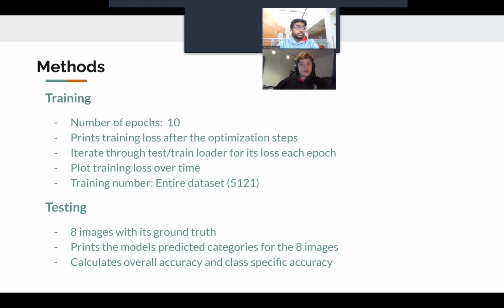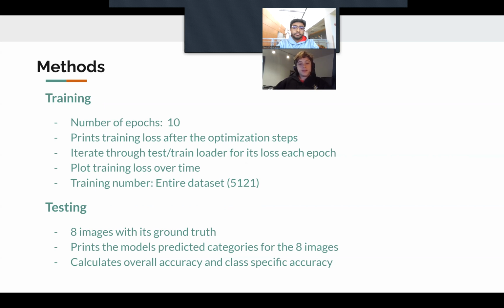In our training, we ended up using 10 epochs. We started at 10, we went to a lower number, and then with the larger data set, we ended up going back to 10. After each optimization step, we printed the training loss to see how it iterated through each loop. Then we also outputted the overall loss at each epoch through a plot, which went with the training loss.